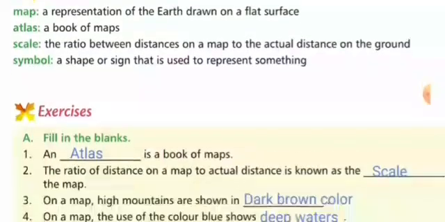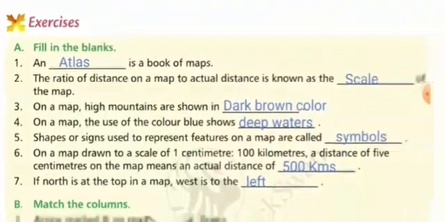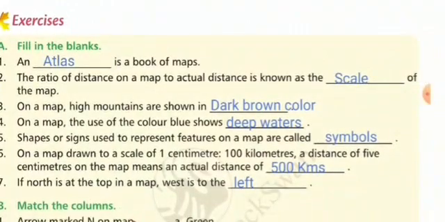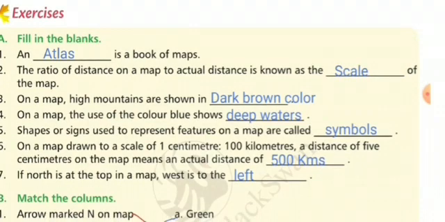Now let's come to the exercise. Fill in the blanks. An atlas is a book of maps. Second one, the ratio of distance on a map to actual distance is known as the scale of the map.